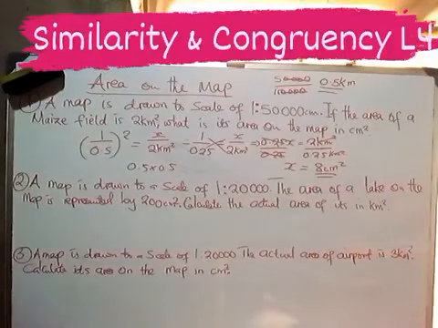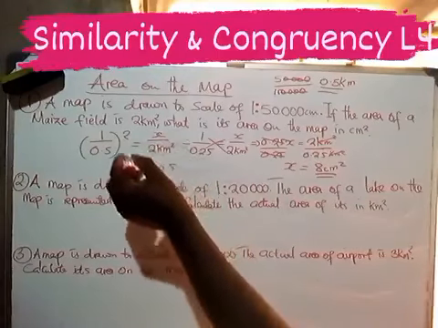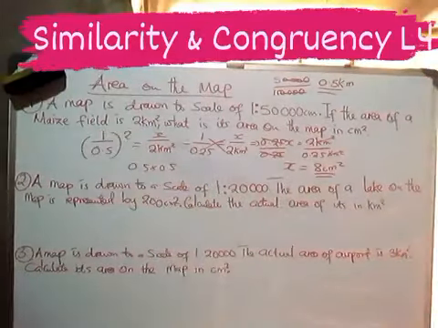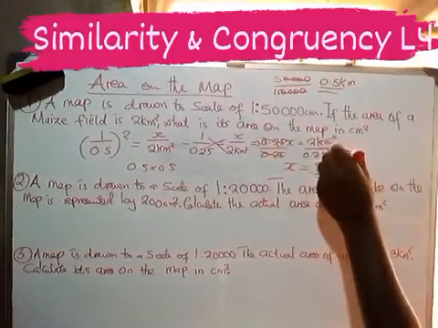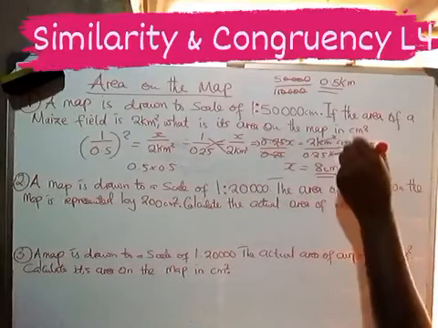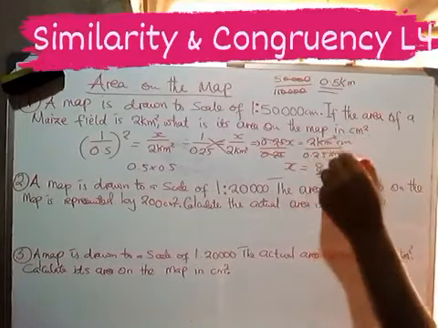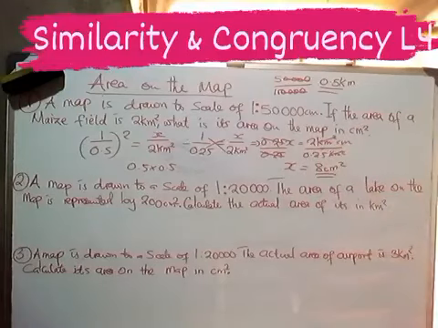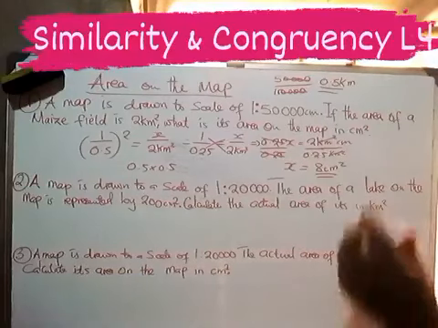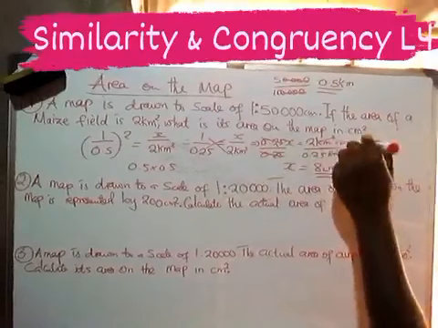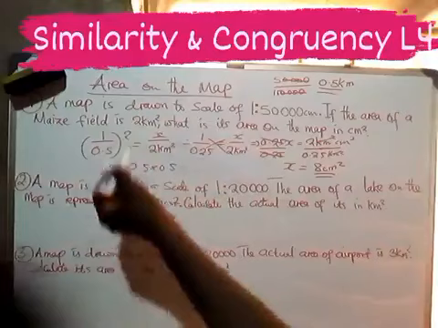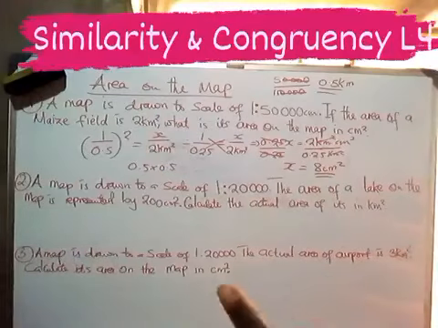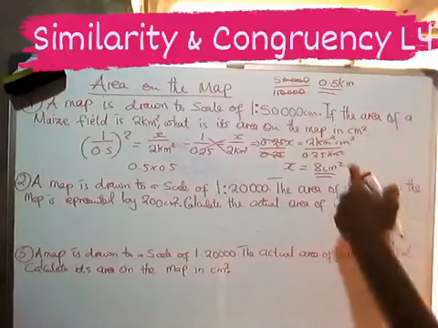The other way around, on top I have kilometer and also centimeters, so the kilometer and kilometer go, and you remain with centimeters. Hence the answer. And make sure the centimeters are also squared, because 1 centimeter squared will be 1 centimeter squared.